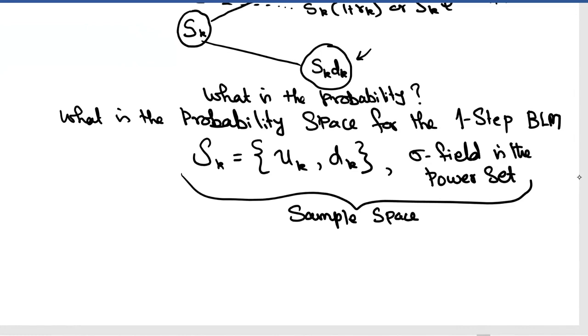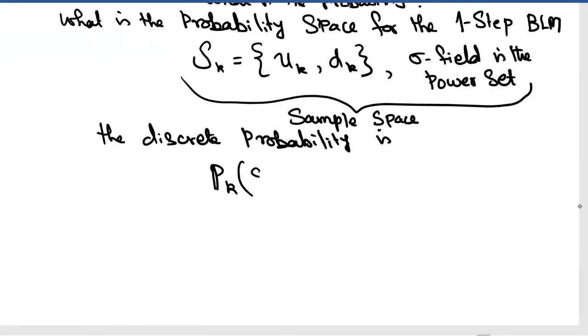Now, what is the probability measure defined on it? Recall that it is a discrete probability Pk of a singleton set. If you want to define a discrete probability, you just have to define it on all the possible singletons.